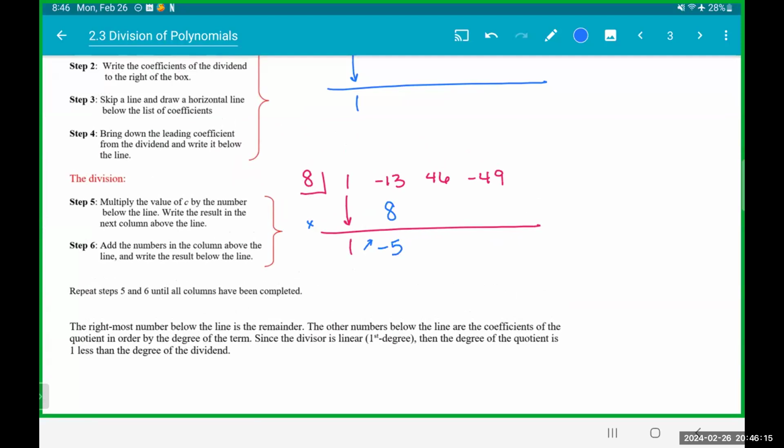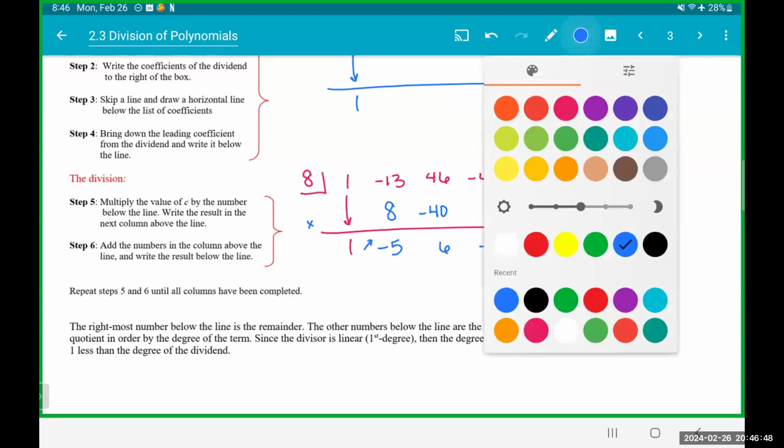Now, 8 times negative 5 is negative 40. 46 plus negative 40 is 6. 8 times 6 is 48. Negative 49 plus 48 is negative 1.